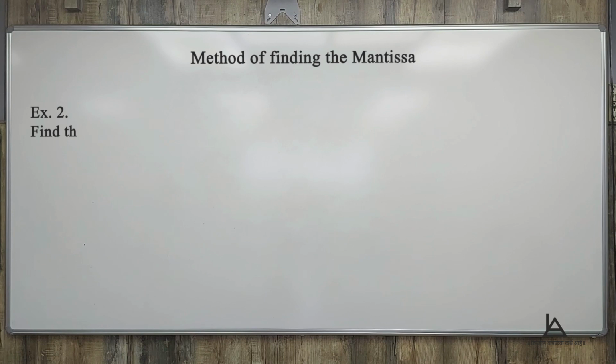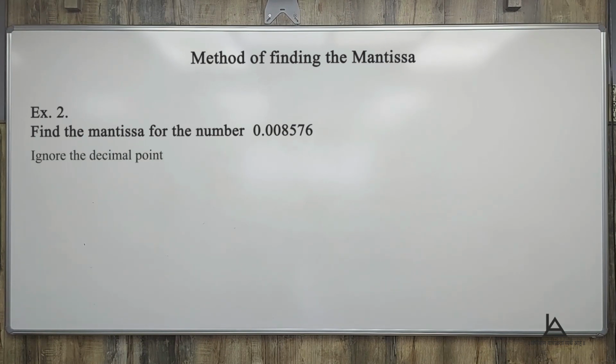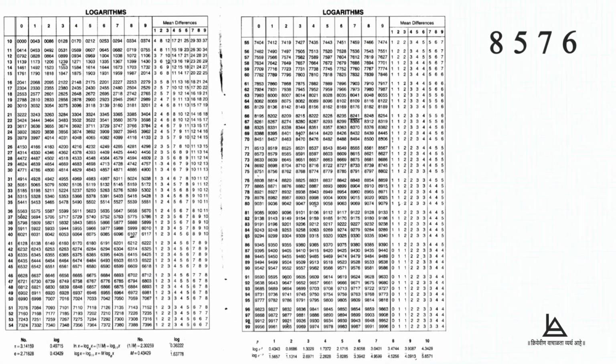Now let's try to find the mantissa of the number 0.008576. As I said before, ignore the decimal point, and then the number is just 8576. Reading the row starting with 85 under the column with heading 7, 7 being the next digit after 85, you will find 9330.